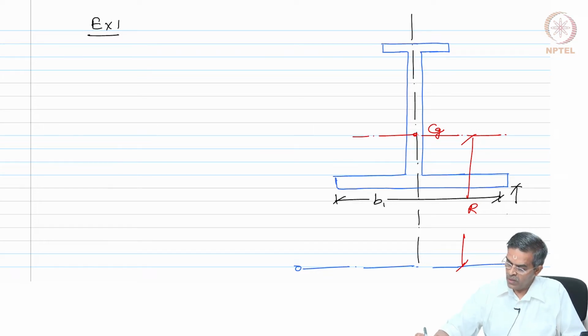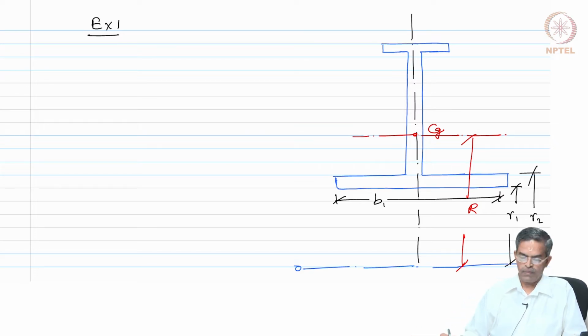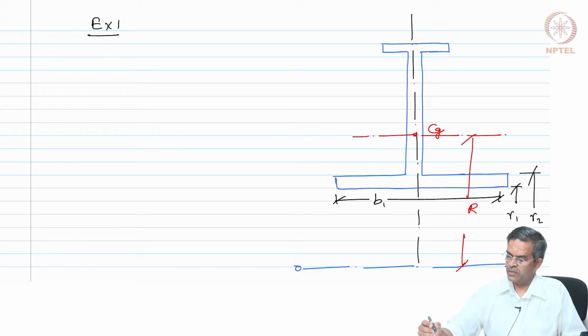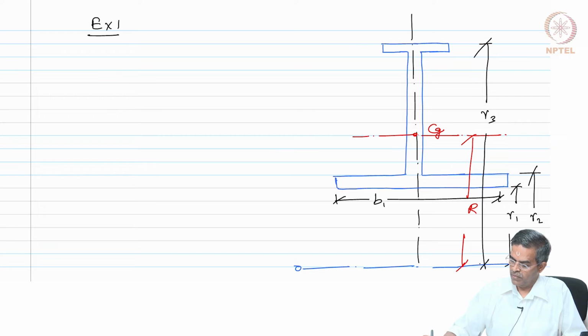This as R1 and this as R2, and of course this dimension as R3, I am marking it here. And this is R4 and this is R3.